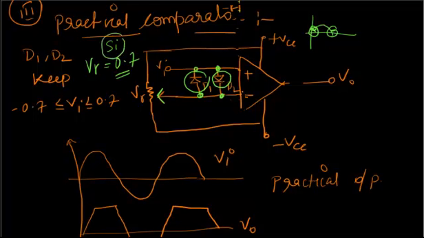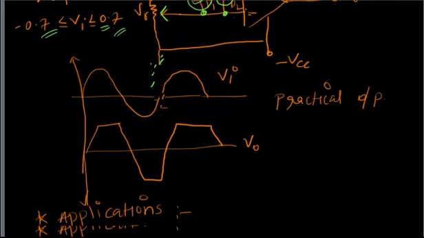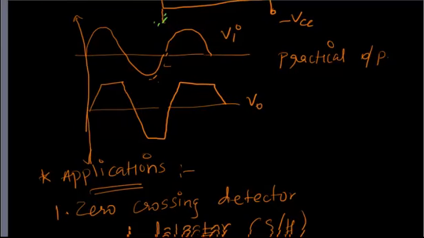So these diodes will keep the input voltage to always plus 0.7 or minus 0.7. That's why we are using two diodes. If the input is negative, this diode will be working, and if the input is positive, this diode will be working. So the input range is always in this range. This helps in protecting the operational amplifier from damage. If we apply a large voltage, the diode will restrict the voltage, and hence the op amp will be safe. So the output of the practical comparator will be like this, as we have already seen.